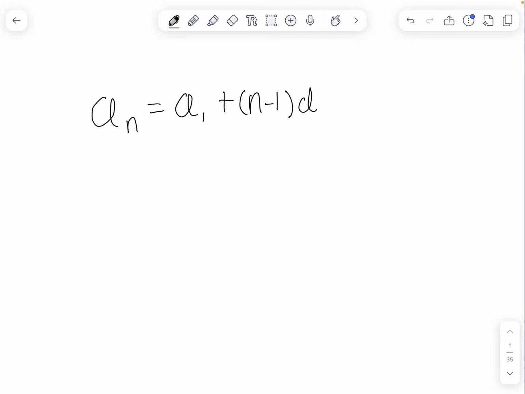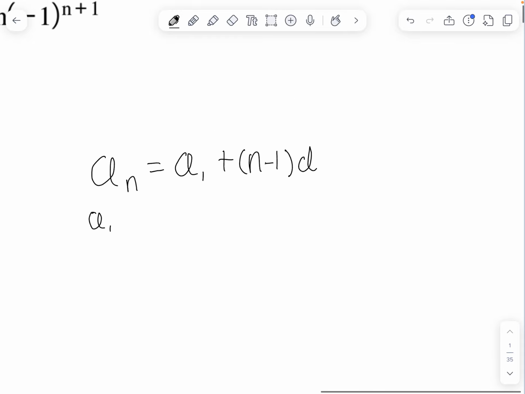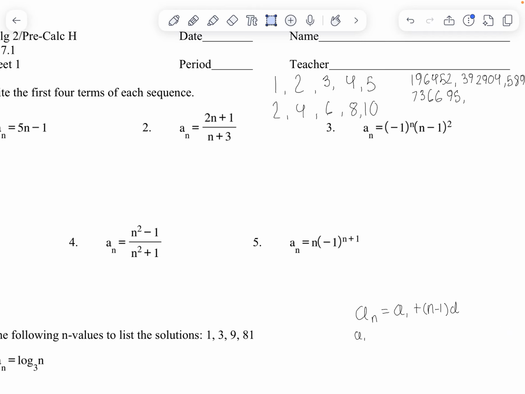So here is what each value represents. A1. Here, let's actually get this sequence right here.